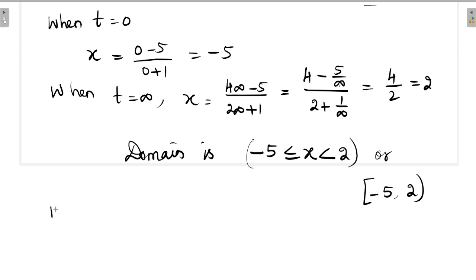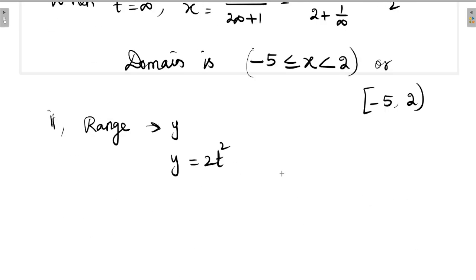Then the second part is the range. How to find out the range? Range is always the output value, that is y. We know that y equal to 2t squared minus 4t plus 4. This is actually a quadratic curve.